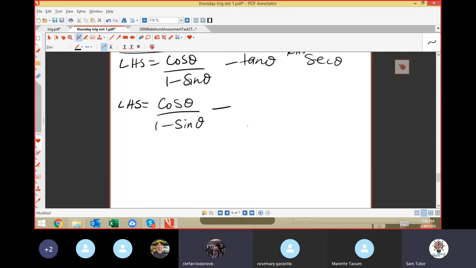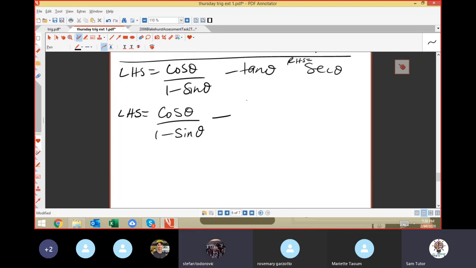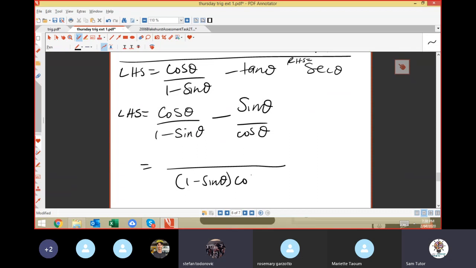Sine theta on cos theta. And then what's your common denominator now? Cos. Then cross multiply. Cos squared minus sine theta times 1 is sine theta. Oh, is that a 1? Yeah, it's a 1. I thought that was a bracket.